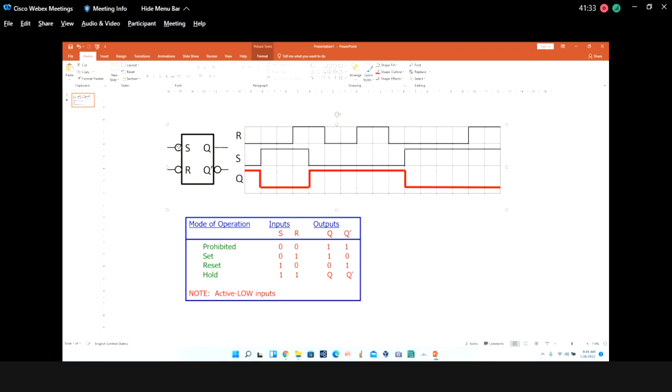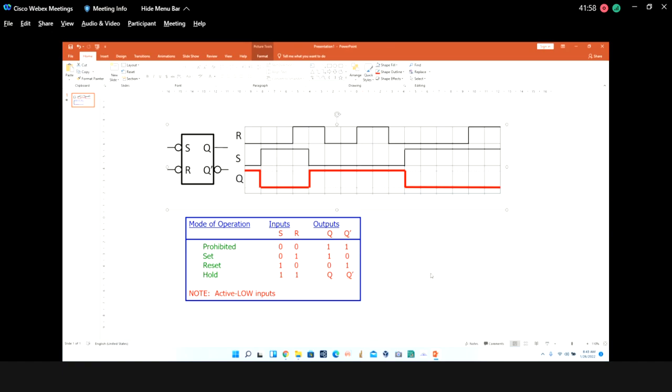If the circle is not present, the Q and Q prime will flip, if it is active high. But for this one, it does not have any clock, so you need to depend on the clock.